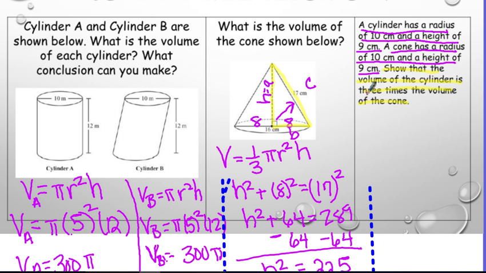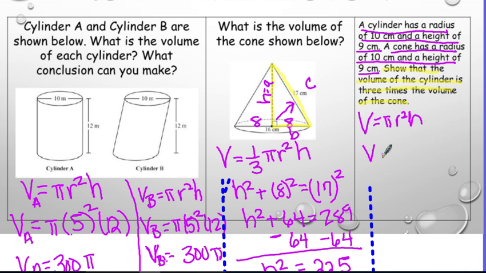So now I need to find out, how do I use this information to answer the question. I know I need to say, okay, the cylinder has 3 times as much volume as the cone has. So I know I'm dealing with 2 formulas. This is my plan. So my volume for the cylinder will be pi r squared times the height.